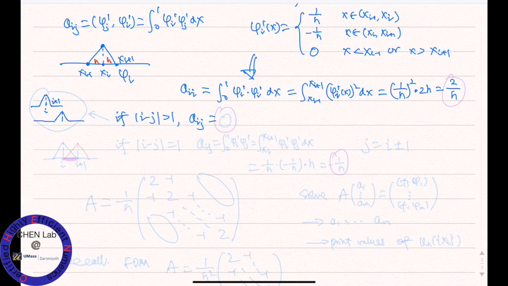In other words, where phi_i is not 0, phi_j is 0, and where phi_j is not 0, phi_i is 0. So the product is always 0, and a_ij is equal to 0.